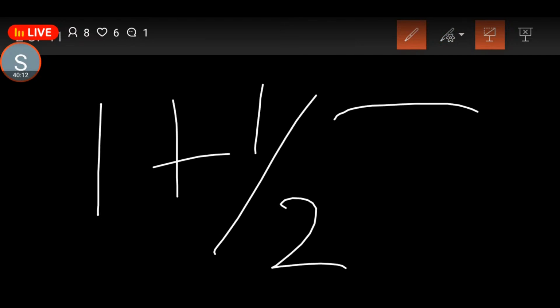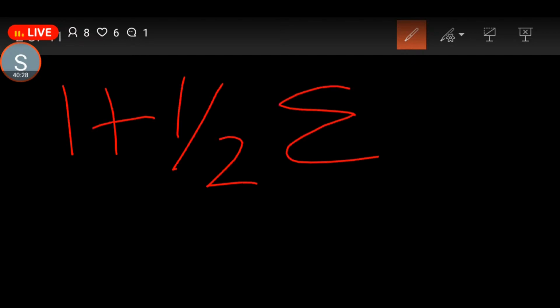The formula is 1 plus half summation n into (v minus 2).